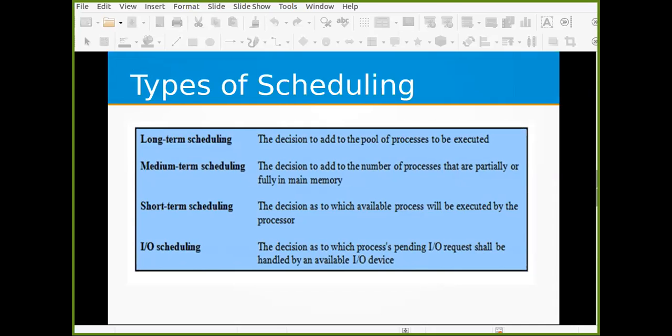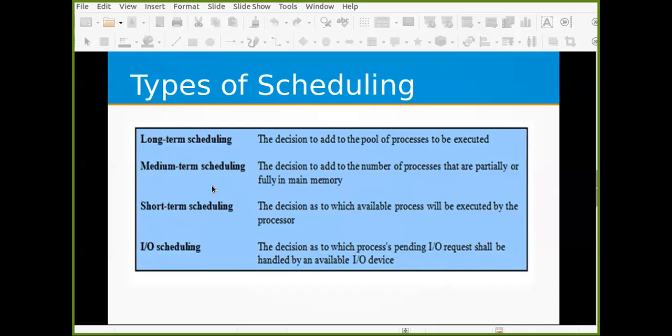Out of these 3, throughout this chapter we will be discussing short-term scheduling, which is also called the dispatcher, or process dispatcher. That is the topic of this chapter, chapter number 9 from your book, which I have started.